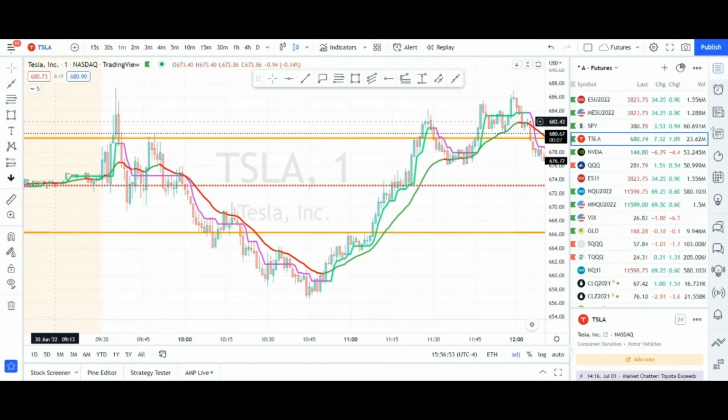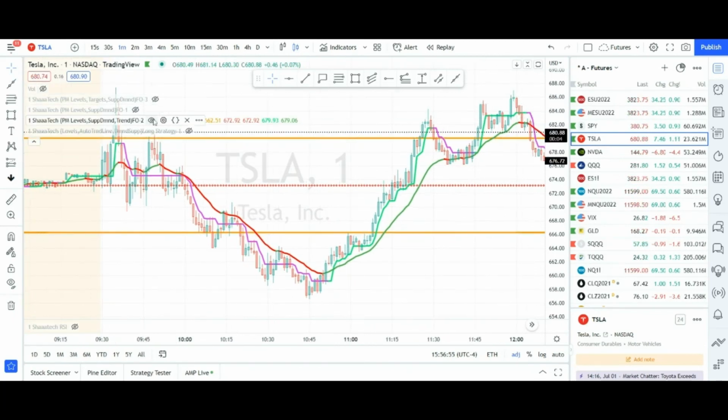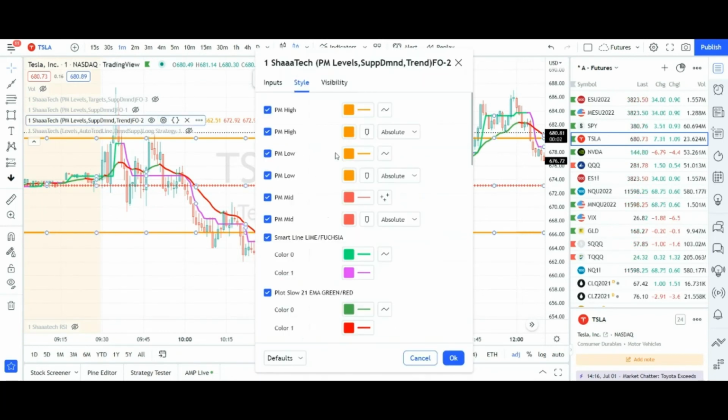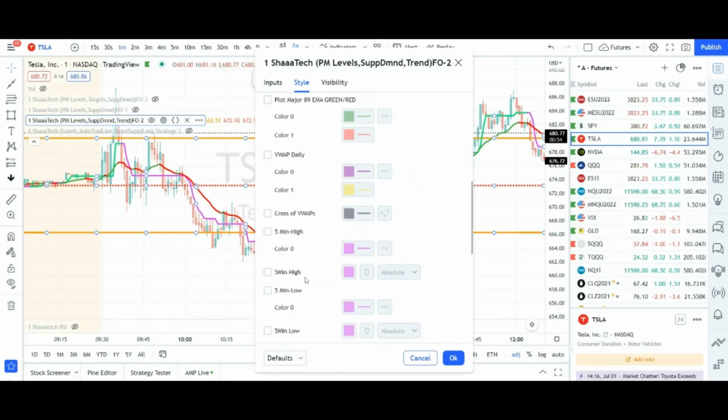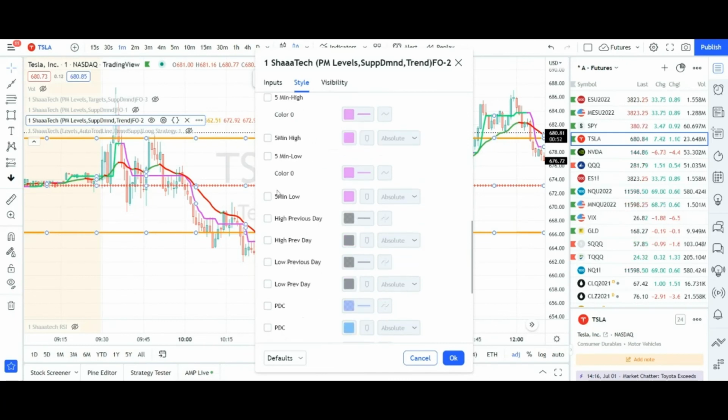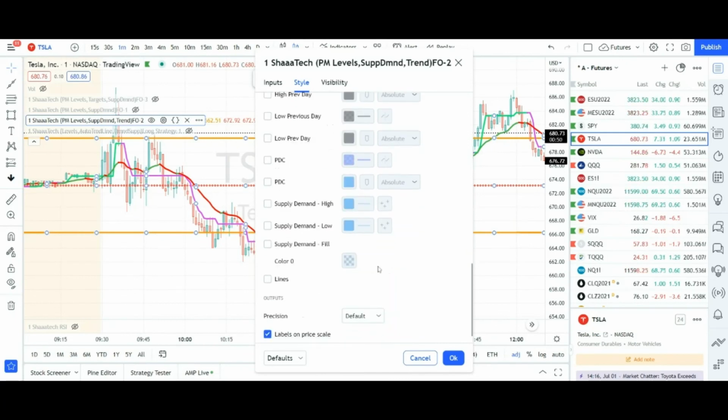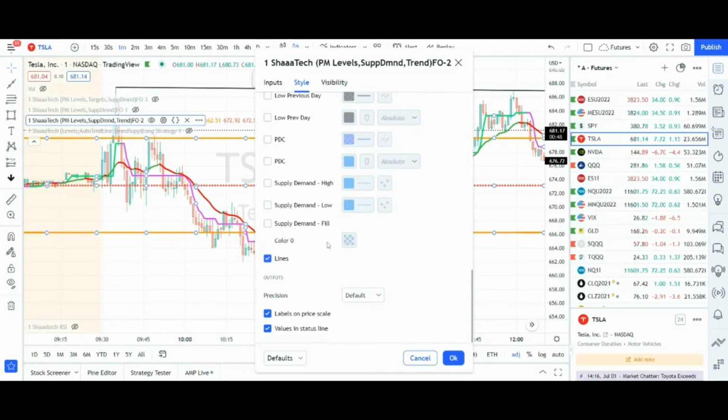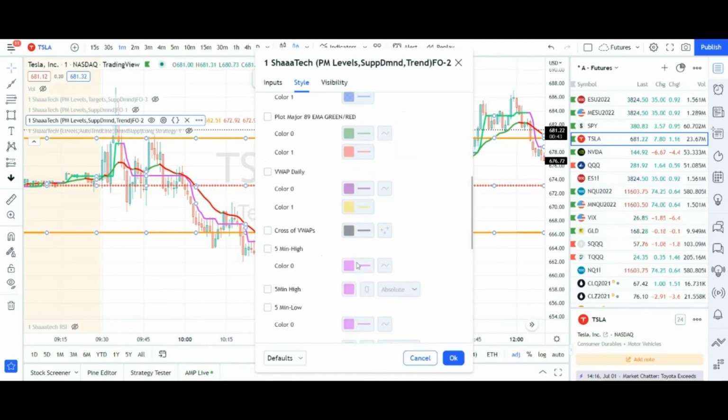And if you need any help with this indicator, in this one indicator you can find everything: high, pre-market levels, 5 minutes levels, VWAP, previous day high, previous day close, supply and demand, trend lines. So everything we'll find in this one indicator.